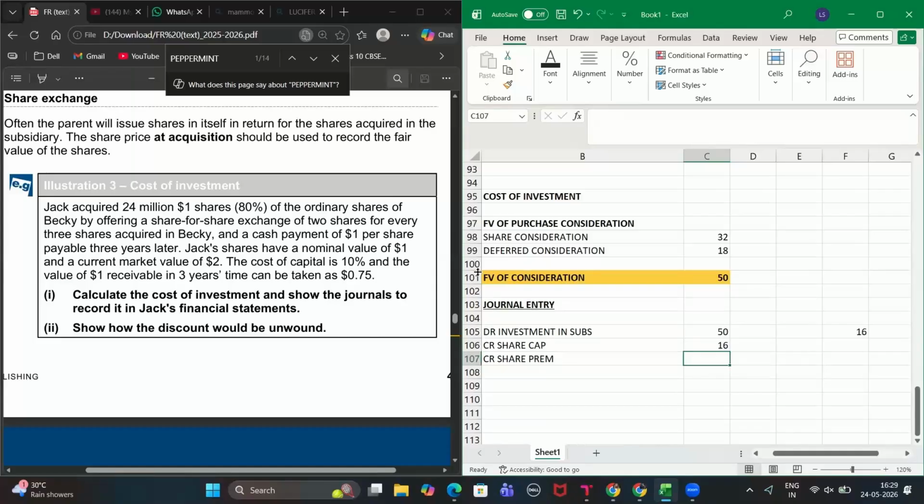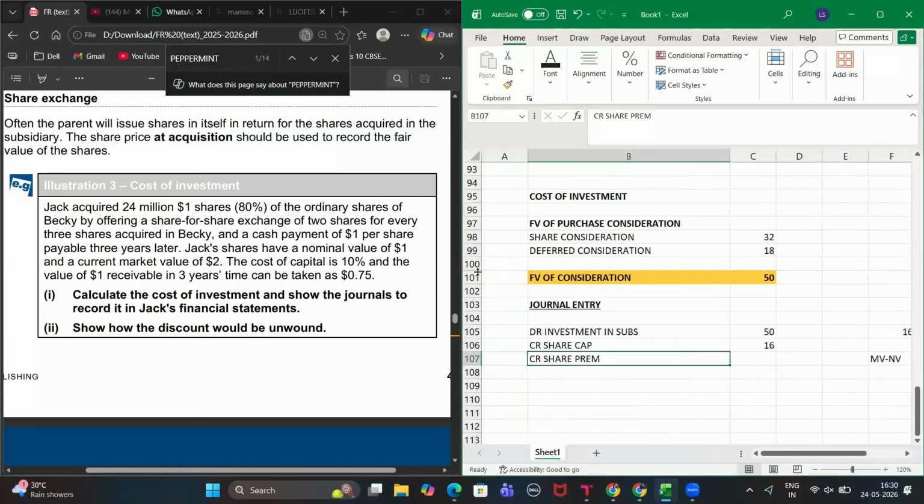Now tell me, what will be the share premium here? It will be 16 itself. How do we calculate share premium? Share premium per share is equal to market value minus nominal value. What is the market value of JAG company's shares?